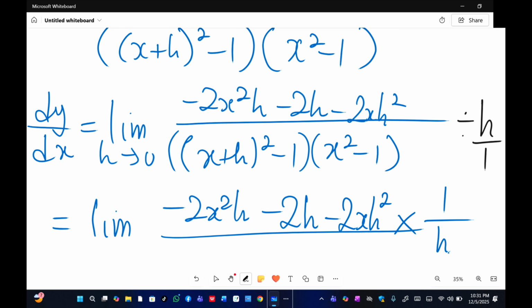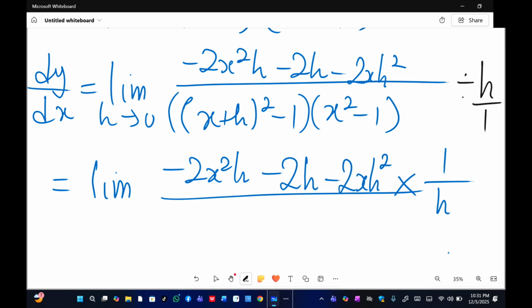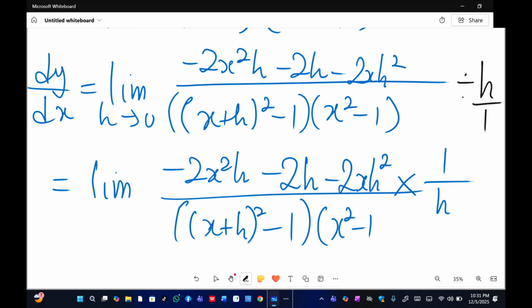Then we have the denominator of the expression, which is all in bracket x plus h in one bracket squared minus 1 in one bracket multiplying x squared minus 1, as our h approaches 0.